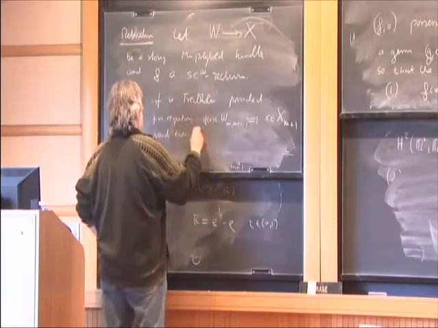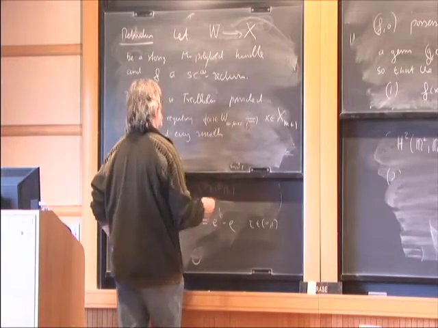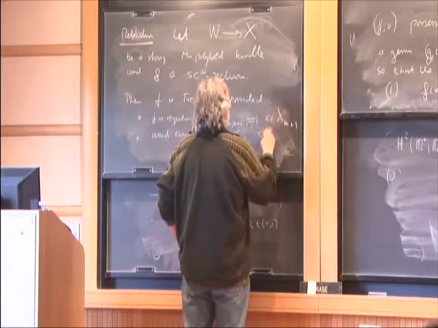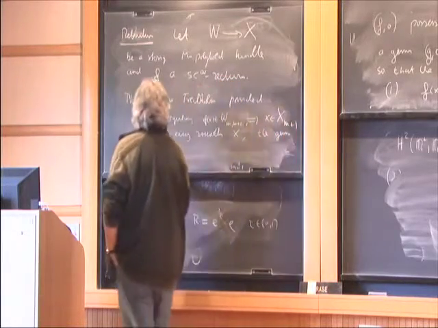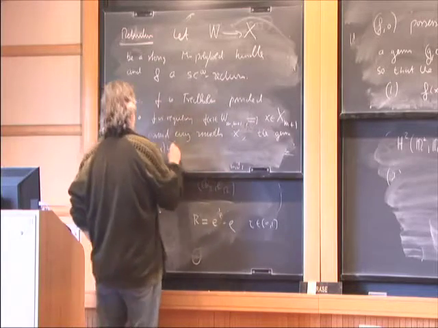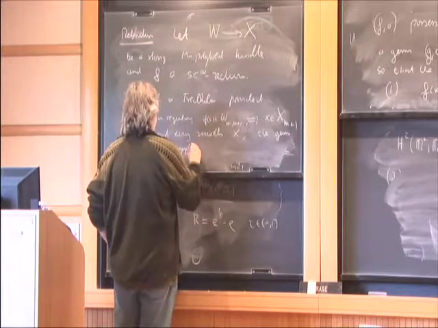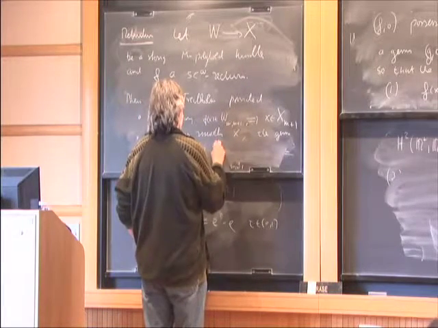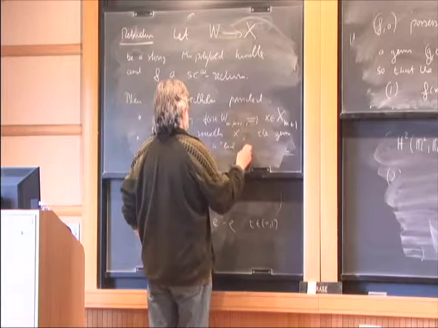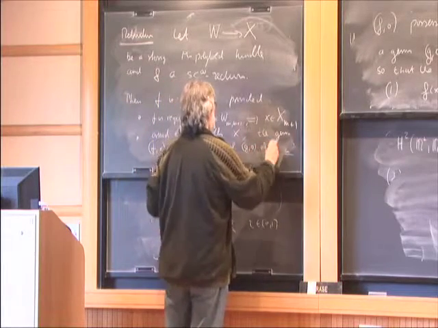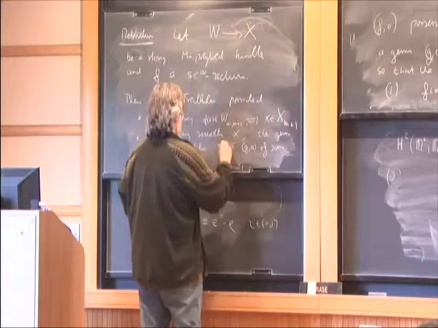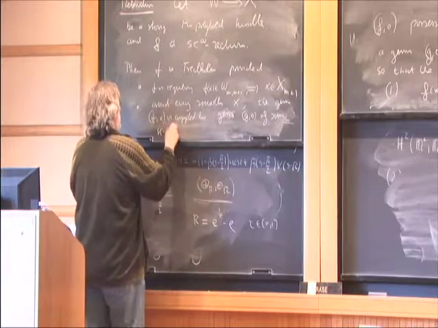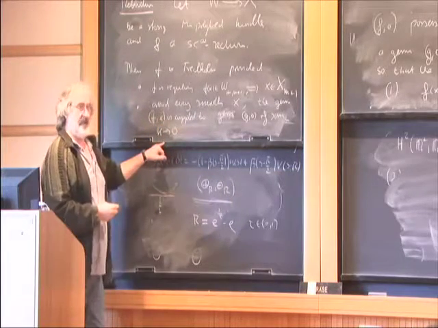around every smooth x, the germ f of x is conjugated to, let's call it a local germ G0 of some abstract bundle.